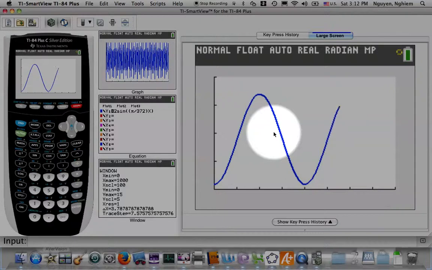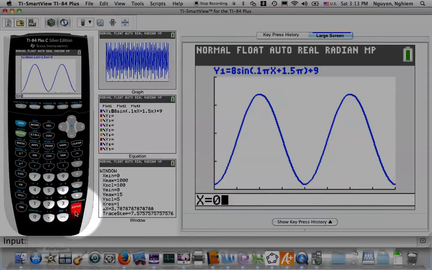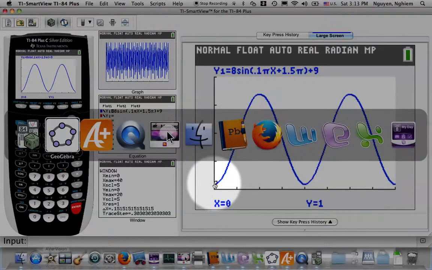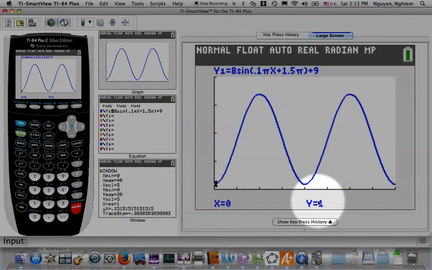It's taking its sweet time here, but that's okay. One of the things that we can do to check is make sure our function lines up. So, for example, let's hit trace. At 0 seconds, she should be at the bottom of the wheel, so she should have a height of 1, which is true.